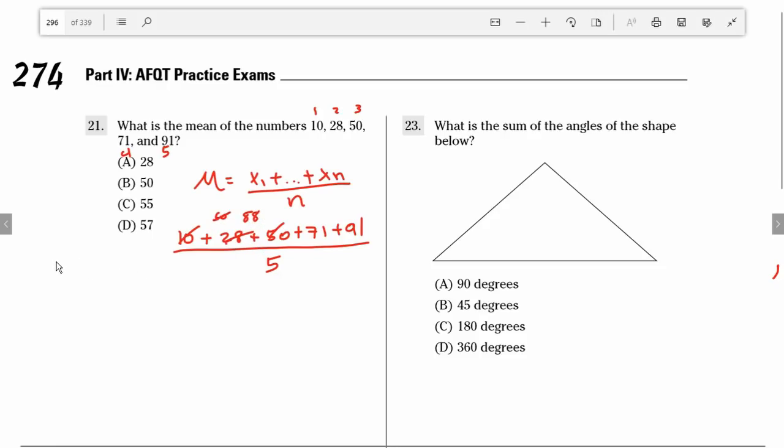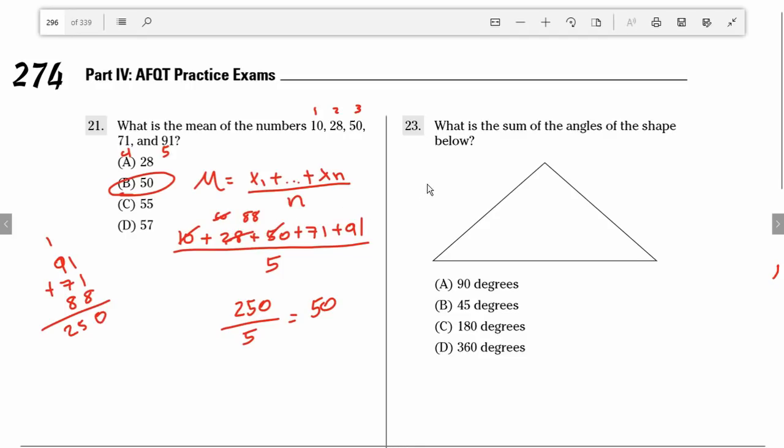So that leaves us with 91 plus 71 plus 88. 1 plus 1 is 2, plus 8 is 10, carry the 1. 9 plus 1 is 10, plus 8 is 18, plus 7 is 25. So this becomes 250 over 5. We know 25 divided by 5 is 5, so 250 divided by 5 must be 50.